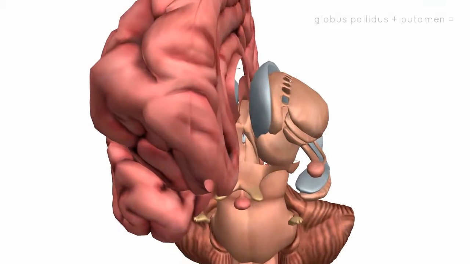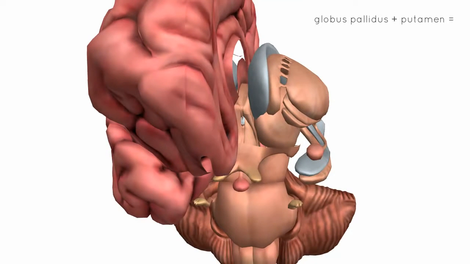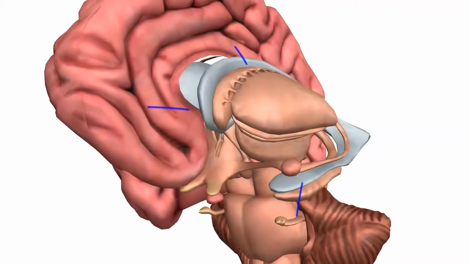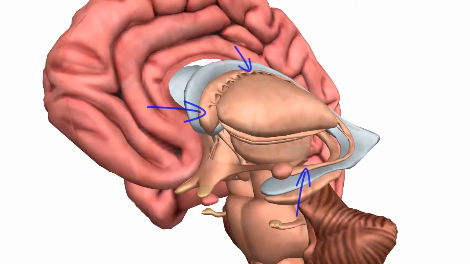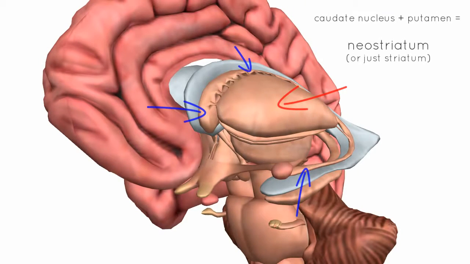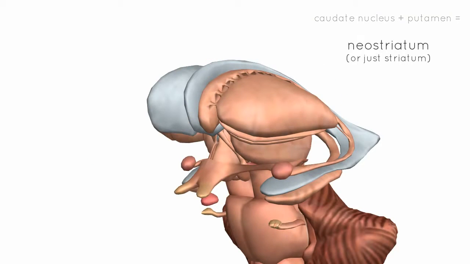Collectively the globus pallidus and the putamen are referred to as the lentiform nucleus, or the lenticular nucleus, and the caudate nucleus, with the head, the body, and the tail that winds round, combined with the putamen, is called the neostriatum. You've got these structures on both sides.